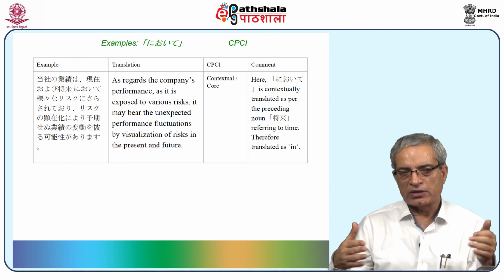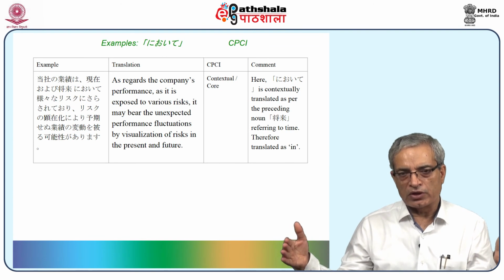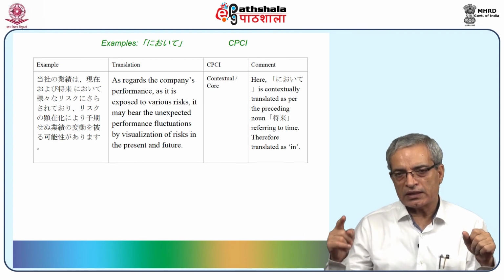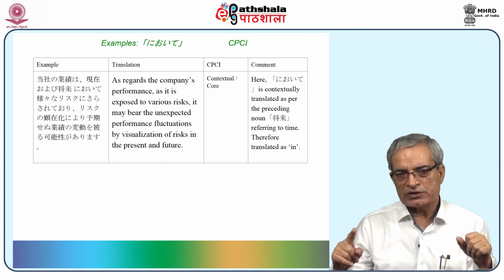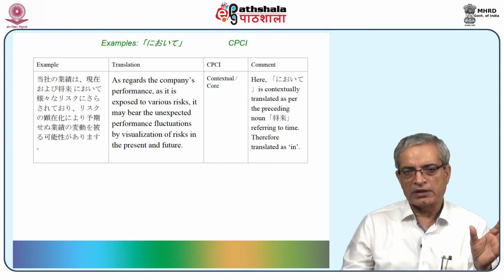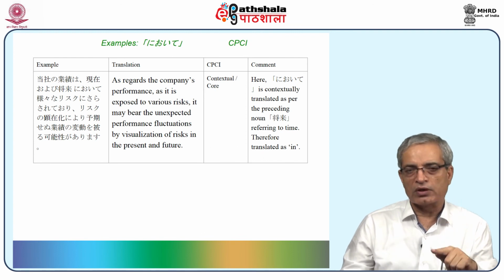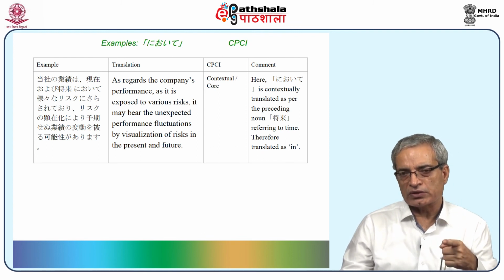It can be just now, it can be few months, or it can be few years, but future of course is a longer duration. So here it has taken in the present and future, but it can definitely be during if you have a different word here. So probably here also it's a border case and can be treated as core also. So though it's written here contextual, this can be treated as core also.